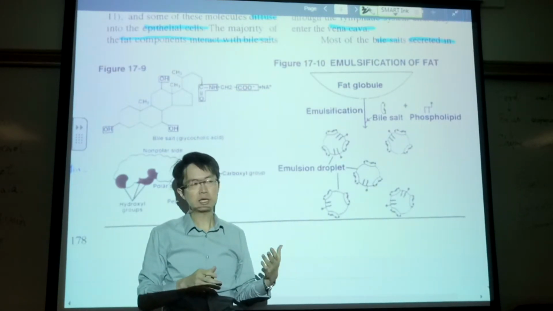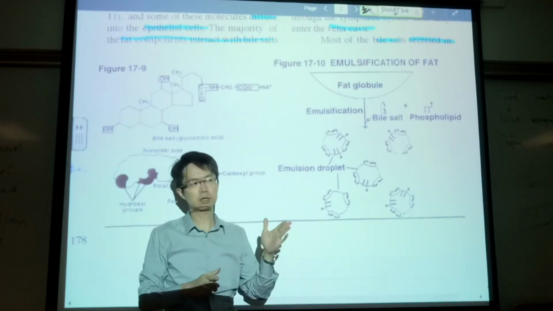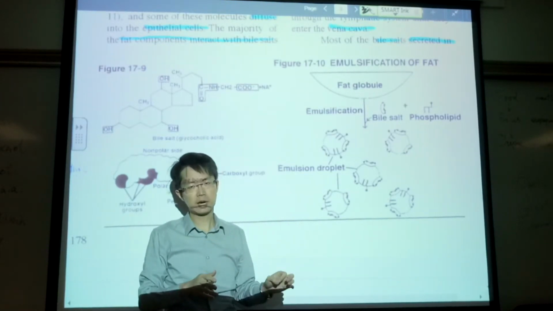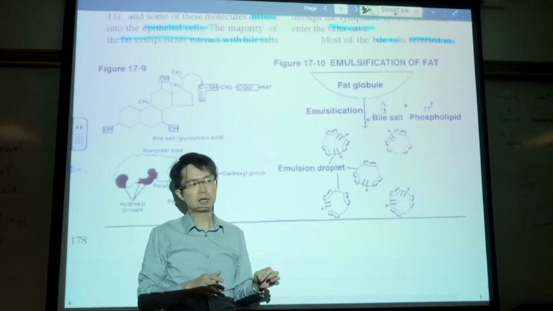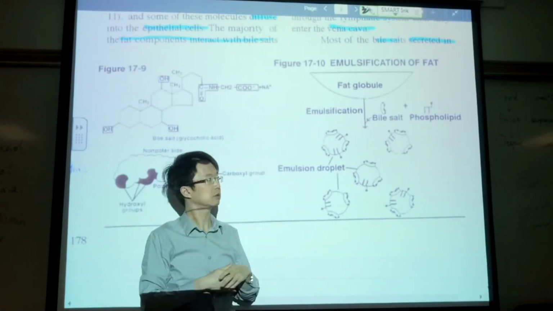Chewing, using our teeth to cut the food into small pieces, is a form of mechanical digestion, because when you cut the food into small pieces, it increases the surface area of the food, so that the digestive enzymes have a larger surface area to break down the polymer into monomers.